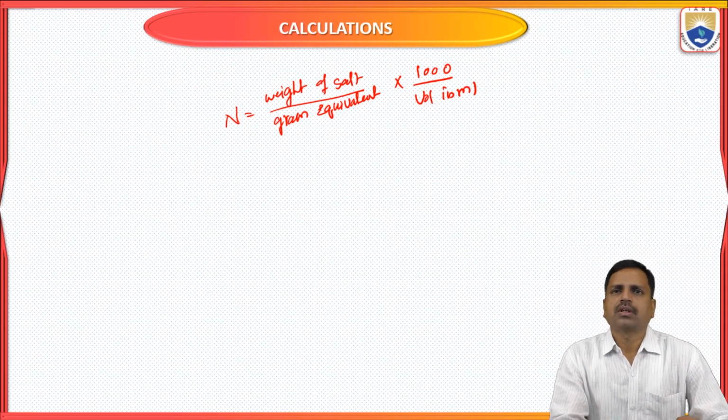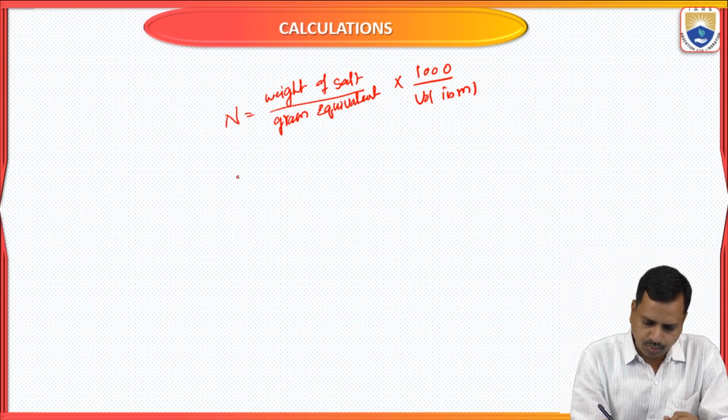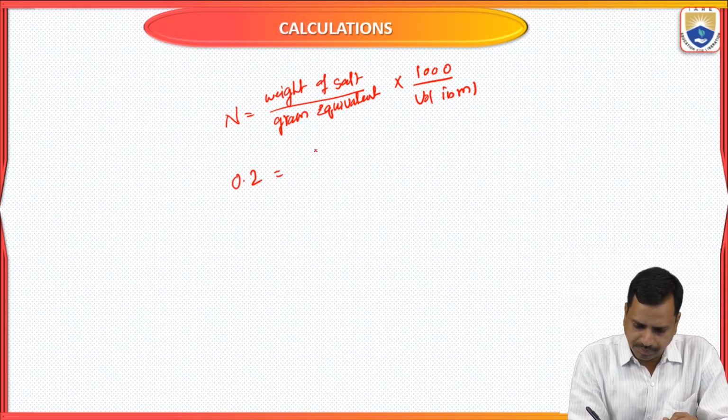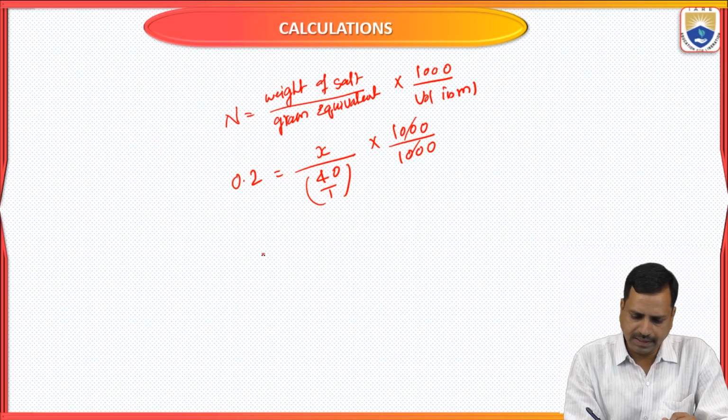How much amount of NaOH do we require? We require 0.2 normality, so here we keep 0.2, suppose we keep x here, and the gram equivalent weight is 40 by 1, into 1000. Suppose we want to prepare this for 1000 ml, then 1000 will get cancelled.